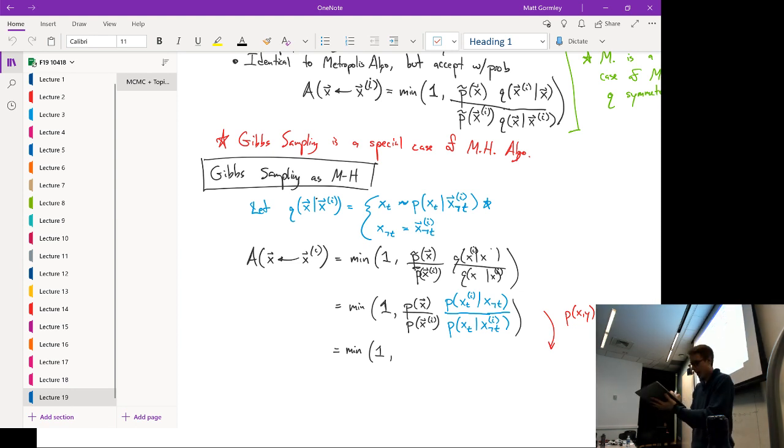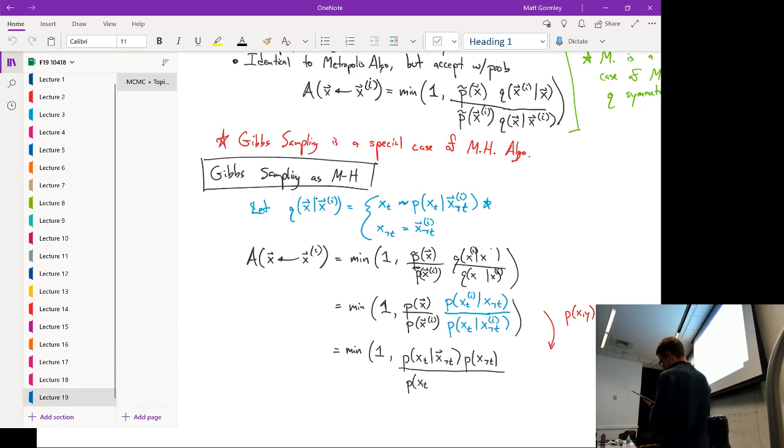Okay, so what we get back is something like p of xt given x not t. That actually looks just like a full conditional times p of x not t. Divided by the same thing but now with i's: P of xti given x not ti times p of x not ti. And then this part we can just copy right down.